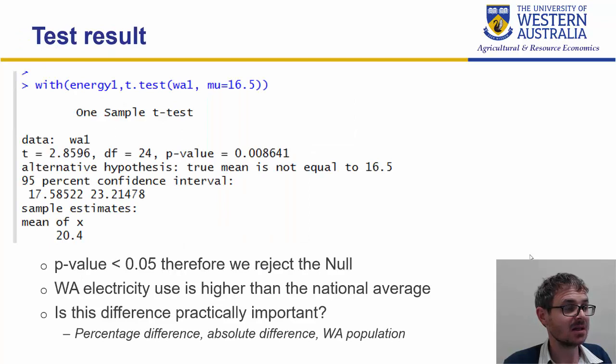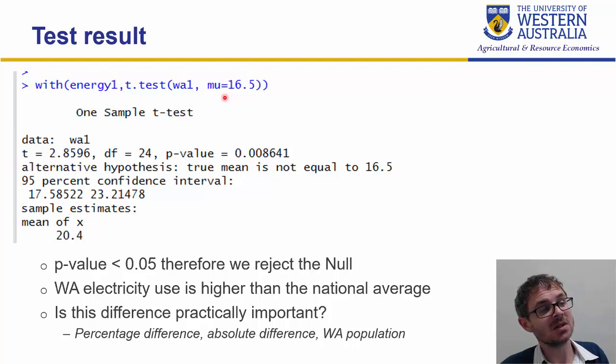We know how to conduct these in R. So we have our test here. We specify the null hypothesis value, which in this case is 16.5. This is my data set. So with the data set, apply the t-test to the column WA1. And then we looked at our p-value, and our p-value is less than 0.05.